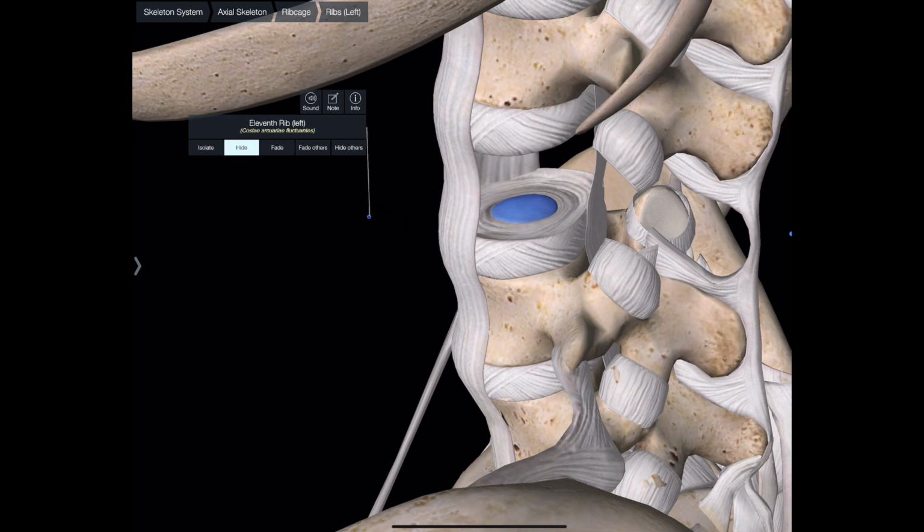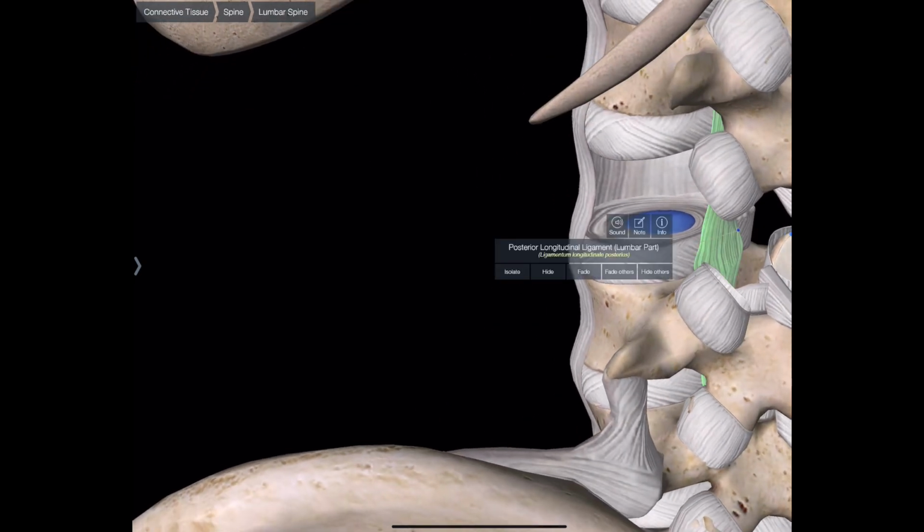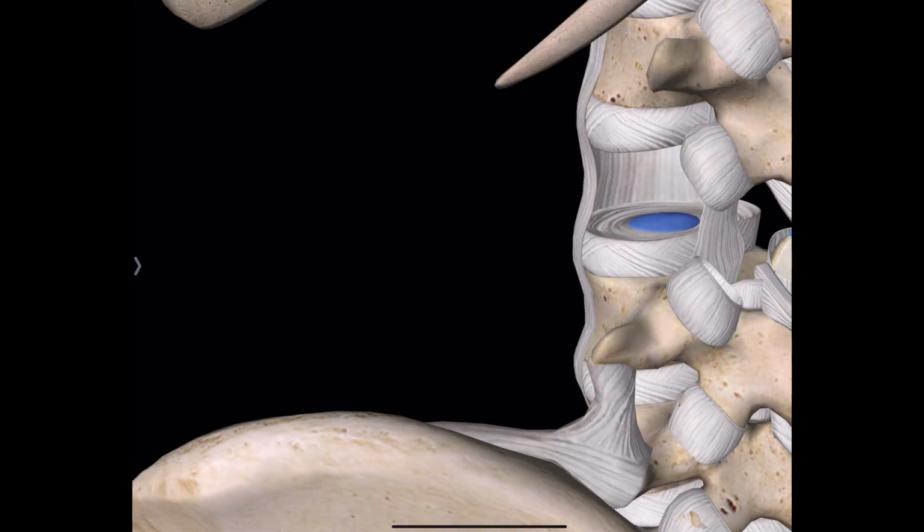Now, when it starts to get compressed and move posteriorly, like so, it can run into the posterior longitudinal ligament, and that protects the spinal cord. So you've got the spinal cord running right behind the posterior longitudinal ligament.